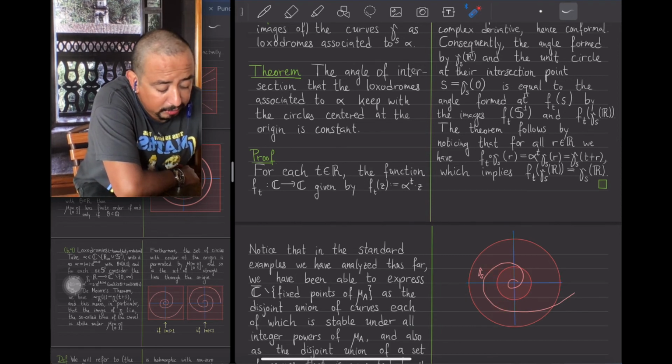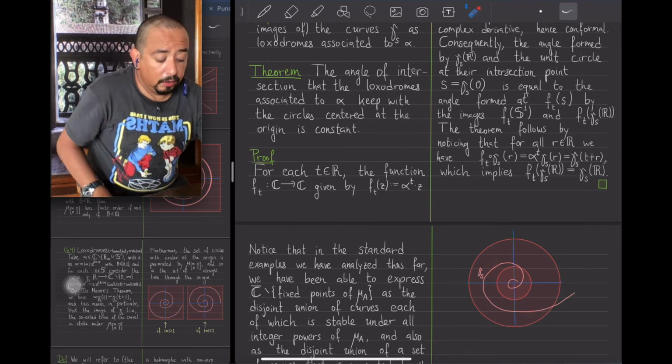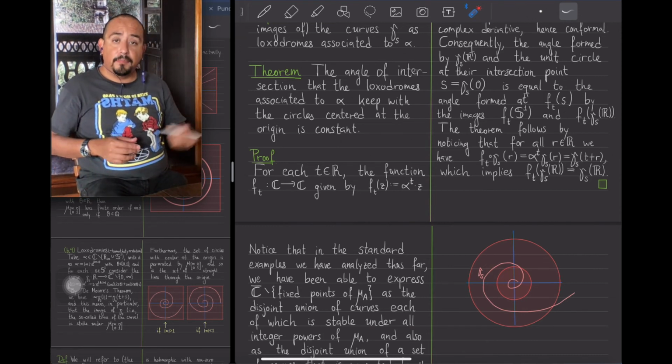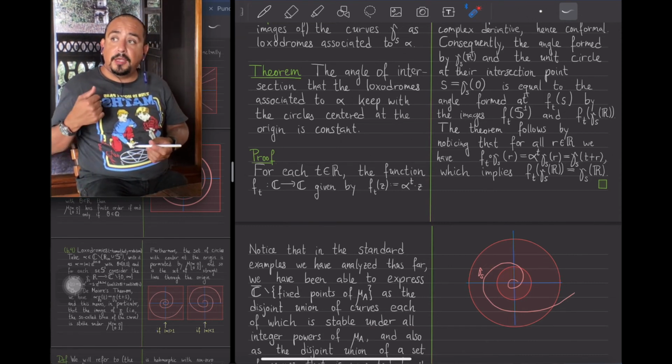But actually, notice that if I multiply by alpha to the t for any real number t, the result is again in the curve. So the curve is not only closed under multiplication by alpha or by integral powers of alpha, it is closed under multiplication by any real power of alpha.